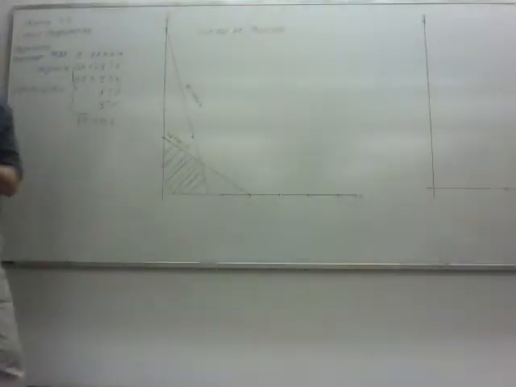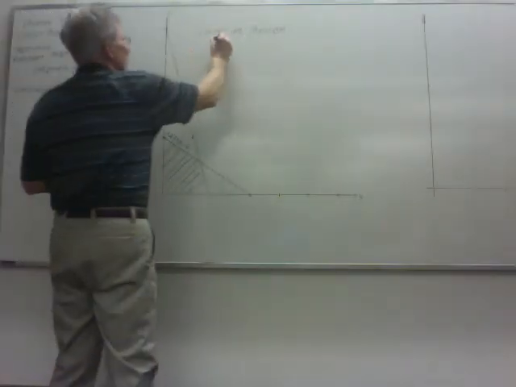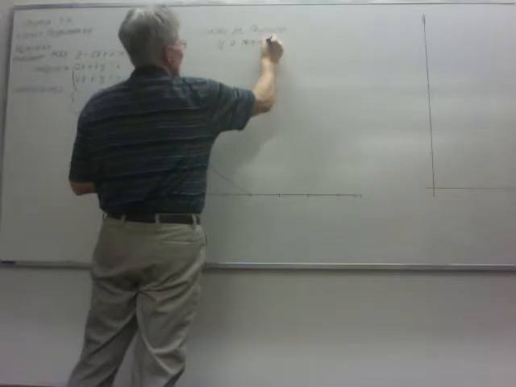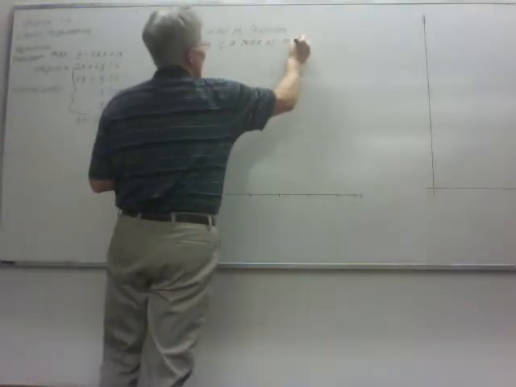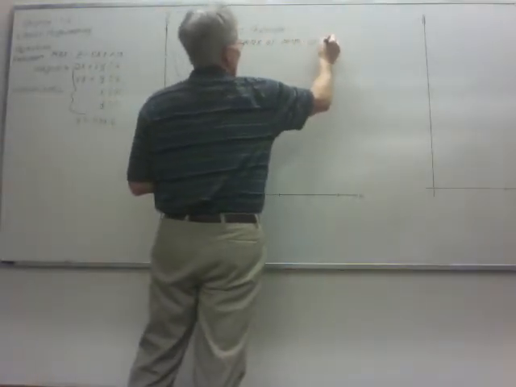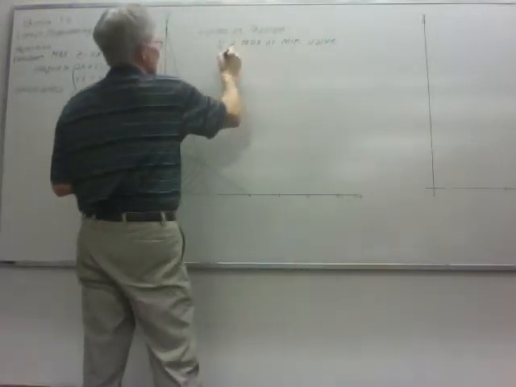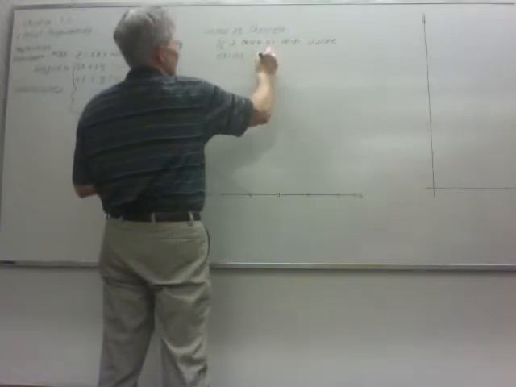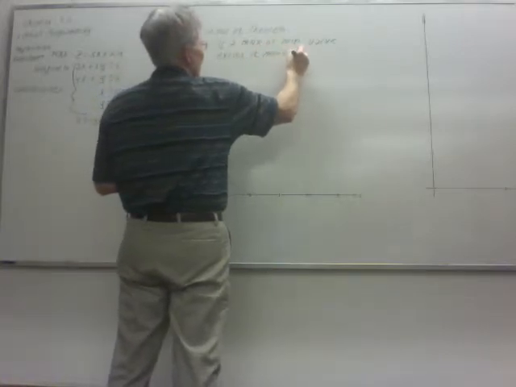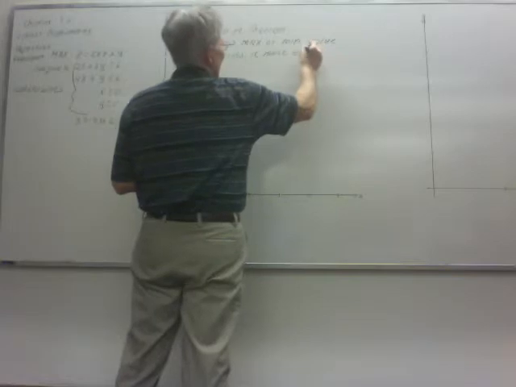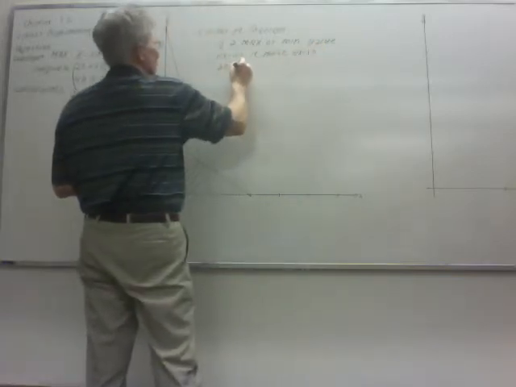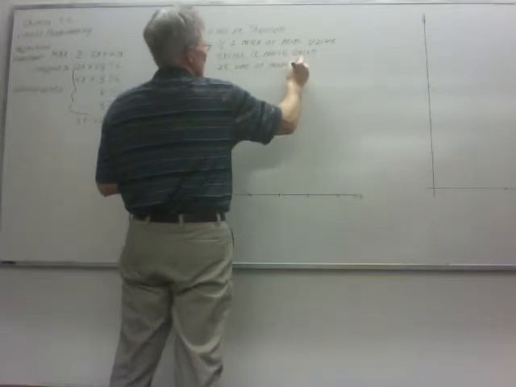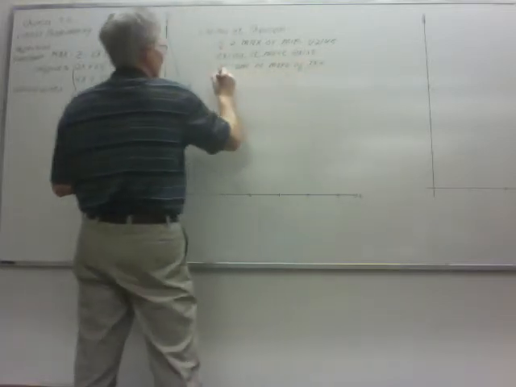The corner point theorem says that if a maximum or minimum value exists, it must exist at one or more of the corner points.